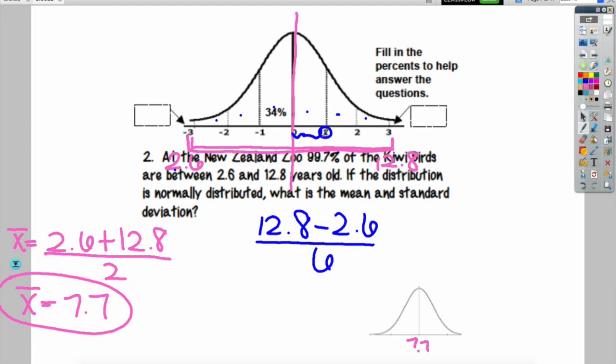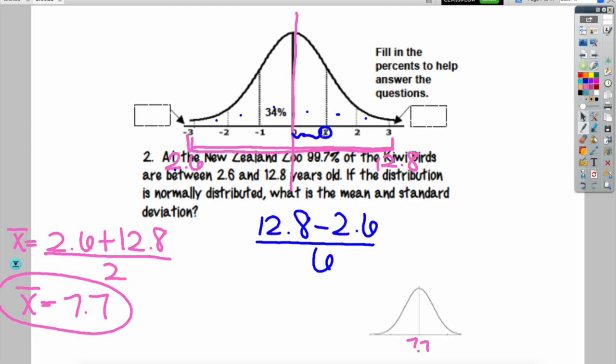The distance between the mean and the first standard deviation will be the same. Yes, these actual ages will be different, but they'll still be an equal spread from each other, because you're subtracting one standard deviation, two standard deviations, versus adding one, adding two.